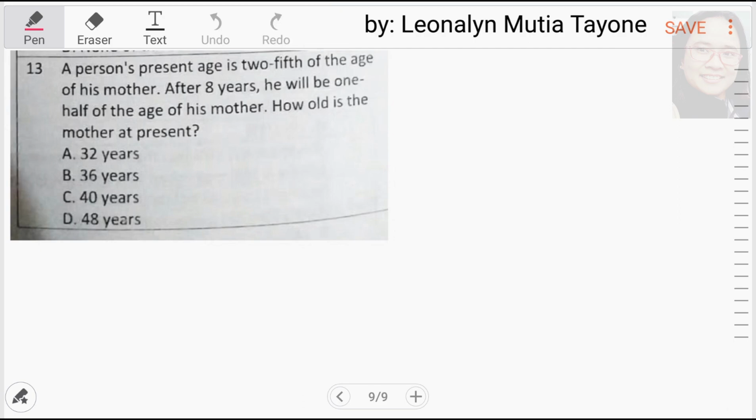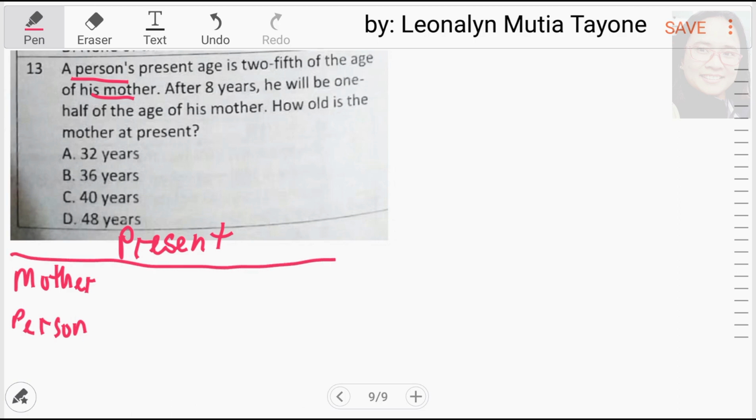Para mas klaro yung presentation natin or para mas clear kung paano natin siya isolve, ang gagawin natin ay yung table method. So, his mother. Tapos, itong person. So, isulat lang natin yung word na person na ginamit dito. Present. Then, yan yung table natin.